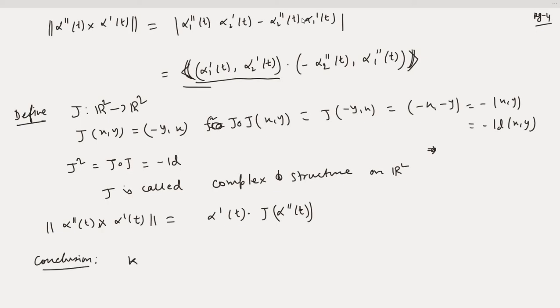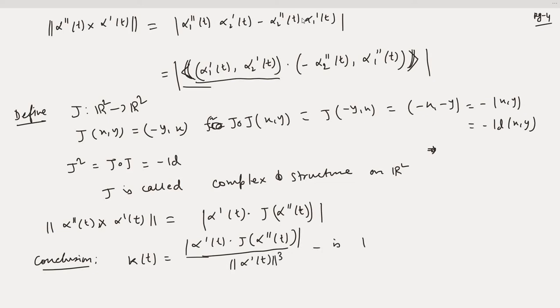K of t, so this is the curvature of the plane curve alpha. This is equal to alpha prime of t dot product with j alpha double prime of t, the absolute value of this in the numerator, and the denominator is the norm of alpha prime of t to the power 3.